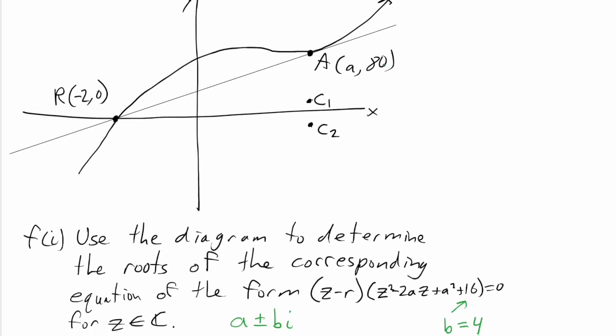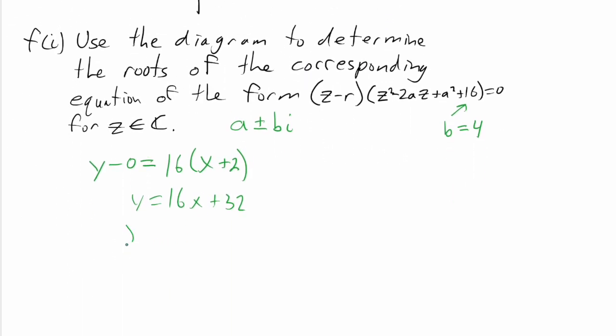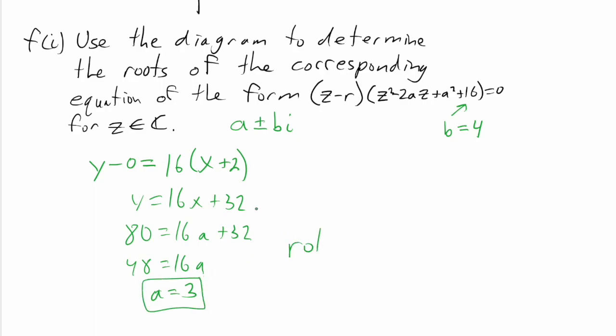And if we want to find out the a value, we put in 80 equals 16a plus 32. So we have 48 equals 16a and a equals 3. So now, to answer the question, the roots are negative 2, a plus bi, so that's going to be 3 plus 4i, and 3 minus 4i.